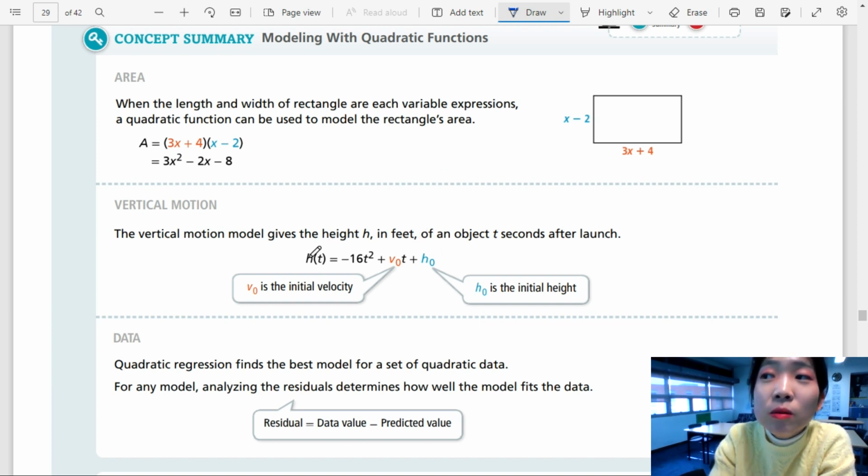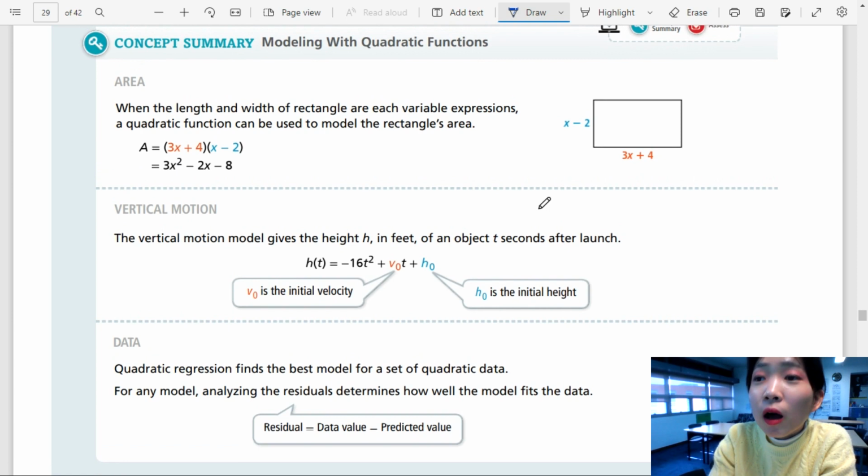So use this model for vertical motion examples. And then for other data, you will use residuals in order to see and compare if the graph is generally a good model or not. So residual is figured out by using the actual data value minus the predicted value.